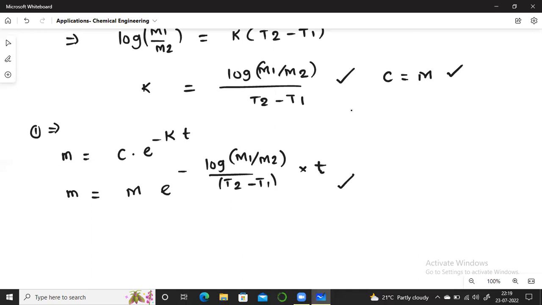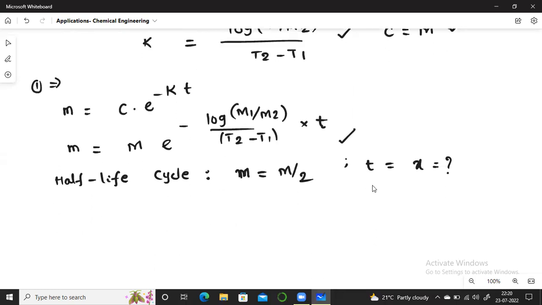But now what he is asking is, what is the half-life of uranium? Half-life means, let us say the condition is, small m becomes half of the mass of the body, so M by 2. What is t? Let me take it as x. This is what I want to find out.